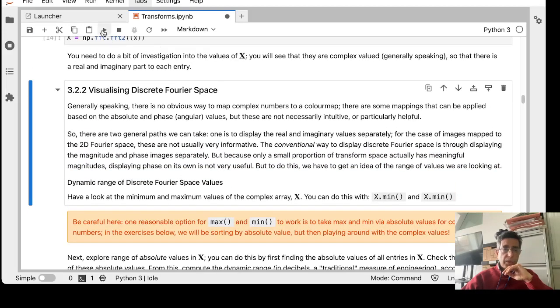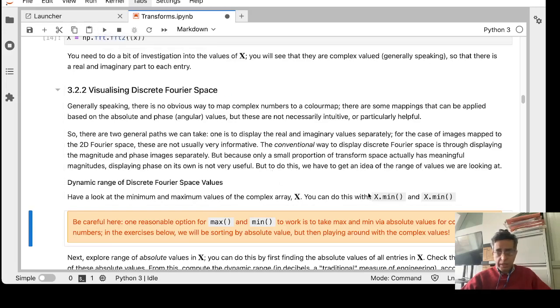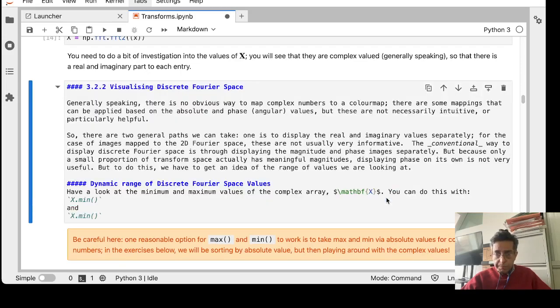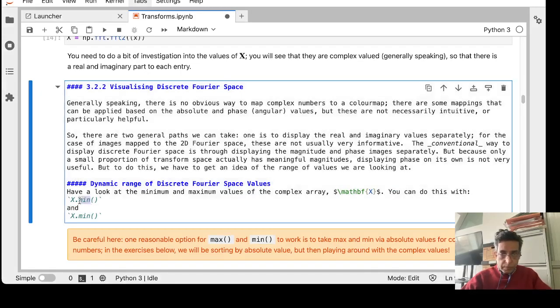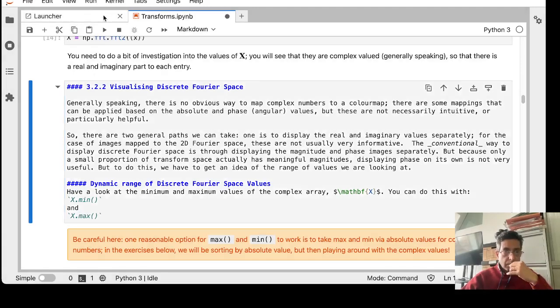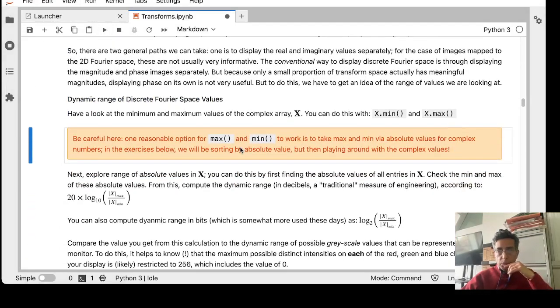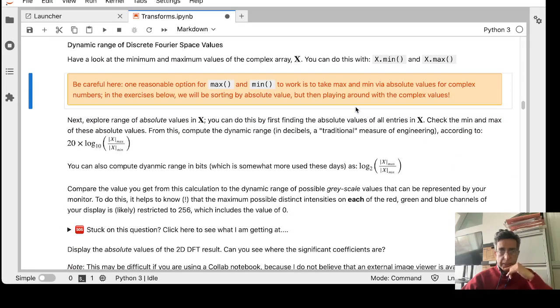The first thing we're going to try to do is to visualize the space. We've got a couple of issues here. One of the issues is that the biggest value we have, as we've seen, should be x.max there.